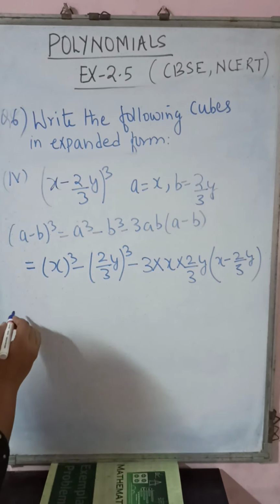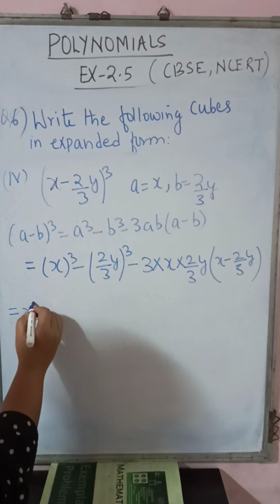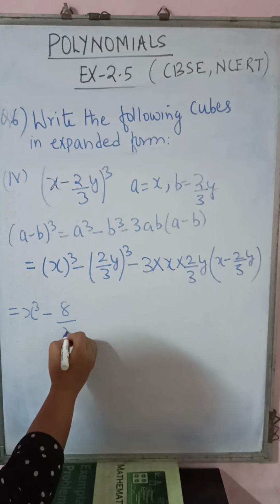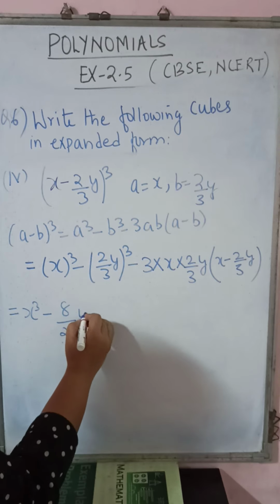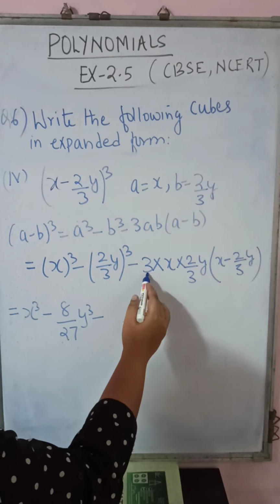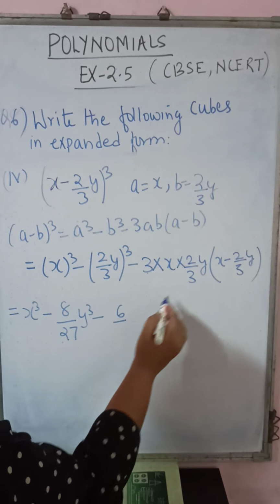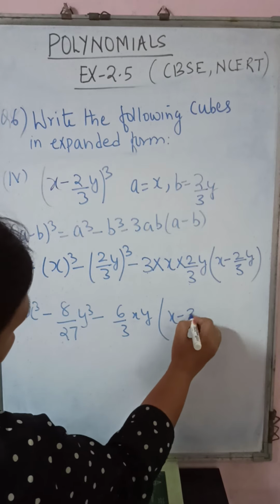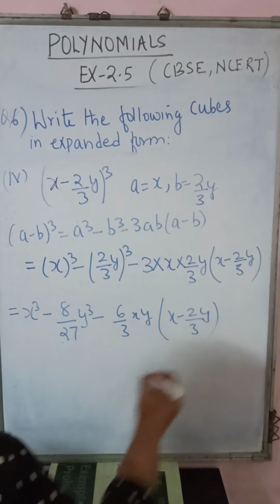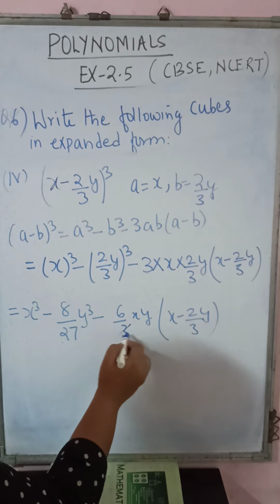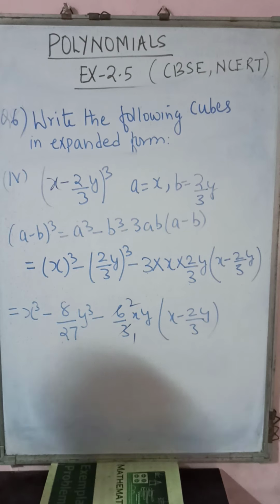Now 2 cube is 8, 3 cube is 27, so 8 by 27 y cube, minus, multiply numerator with numerator, 3 2s are 6 by 3 xy into (x minus 2 by 3y). So here you can cancel.